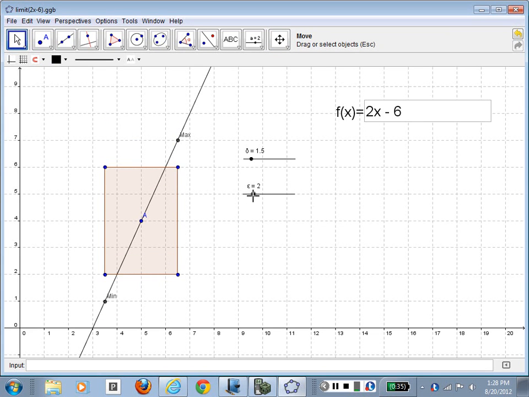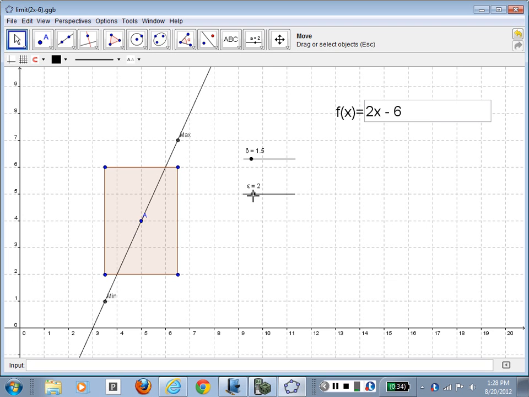2, there it is. Now, how small does delta have to be to ensure that as long as we're no more than delta units away from 5, f of x is going to be no more than 2 units away from 4?